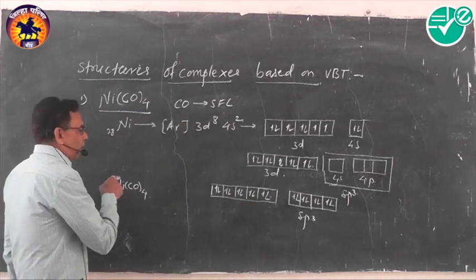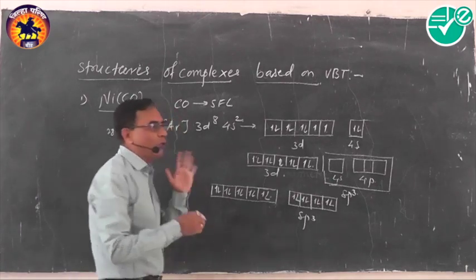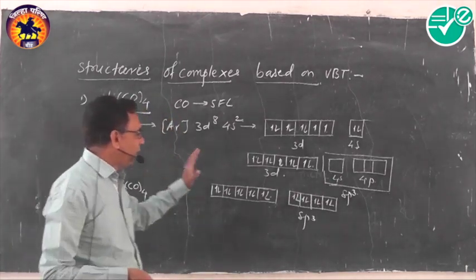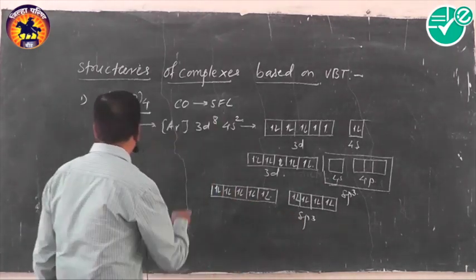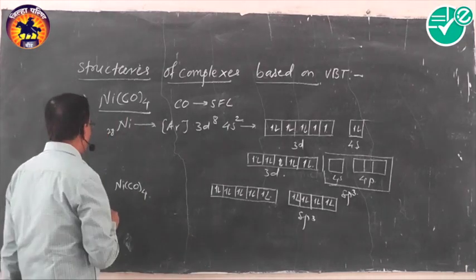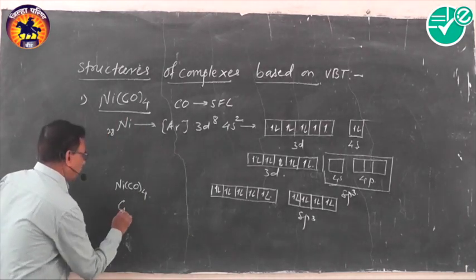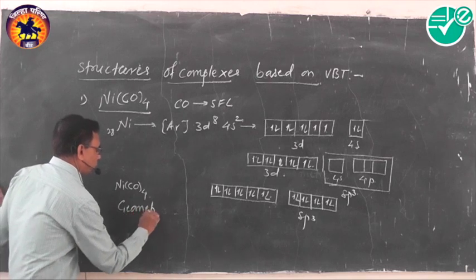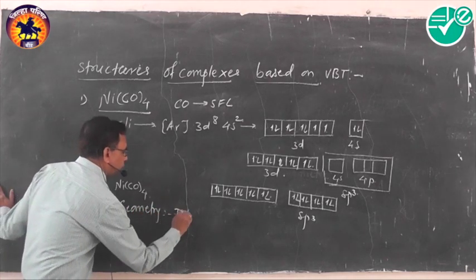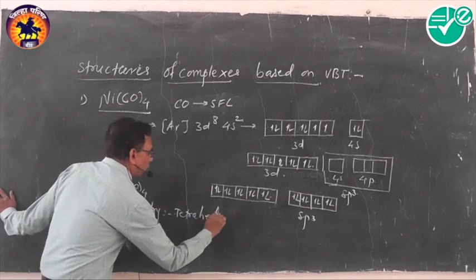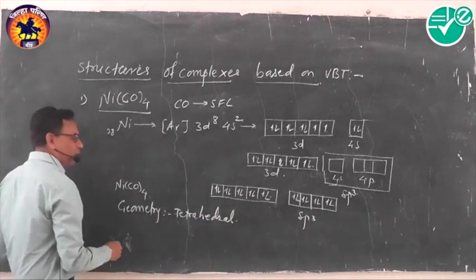Now, what we have to see is that the hybridization of this central metal ion is sp3. So geometry is tetrahedral. And what is the magnetic behavior?